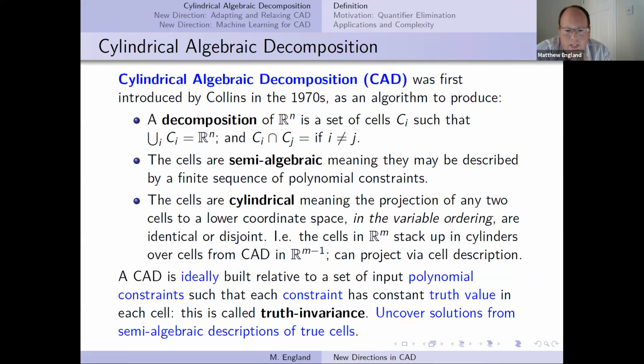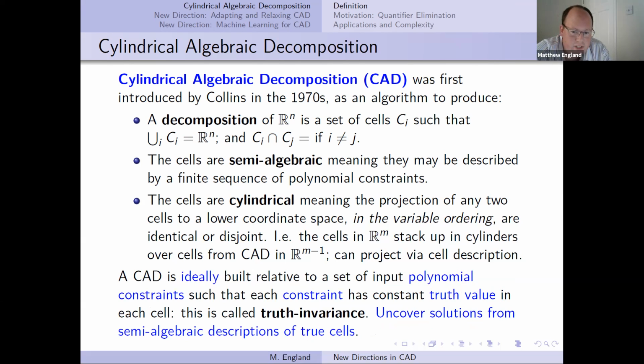So ideally, this is a workshop on constraints, so what we really want is a CAD built relative not to polynomials themselves, but to sets of polynomial sign constraints, so that each constraint has constant truth value, true or false, in each cell. This will be called truth invariance.